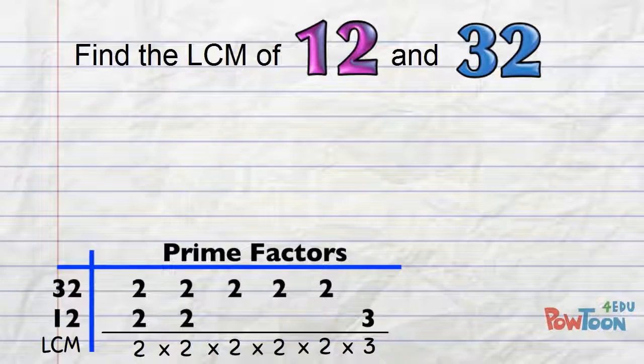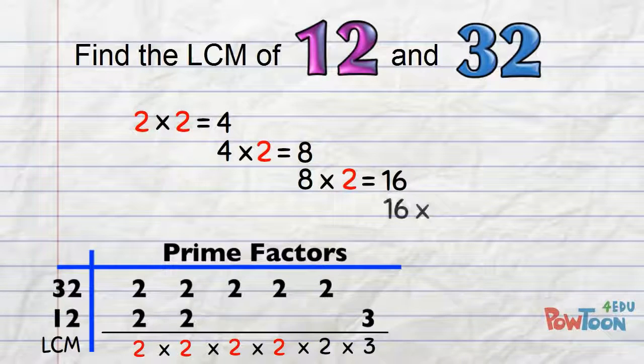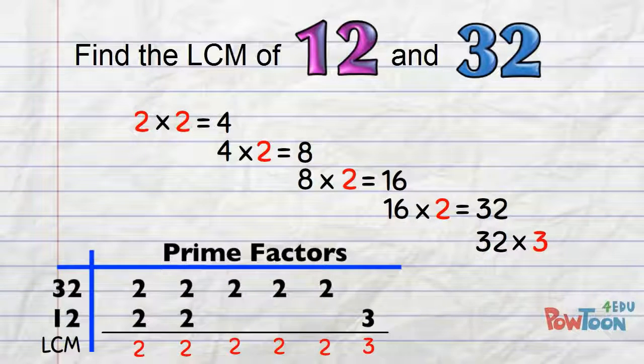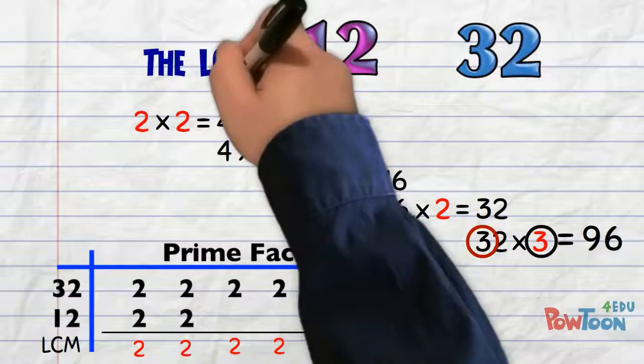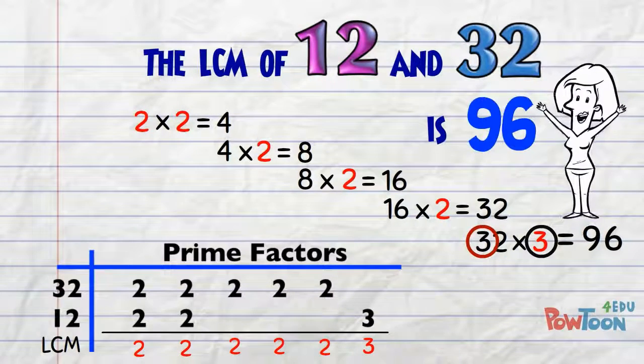Work it out. 2 times 2 is 4, times 2 is 8, times 2 is 16, times 2 is 32. 32 times 3, well, 3 times 2 is 6, and 3 times 3 is 9, so the LCM of 12 and 32 is 96.